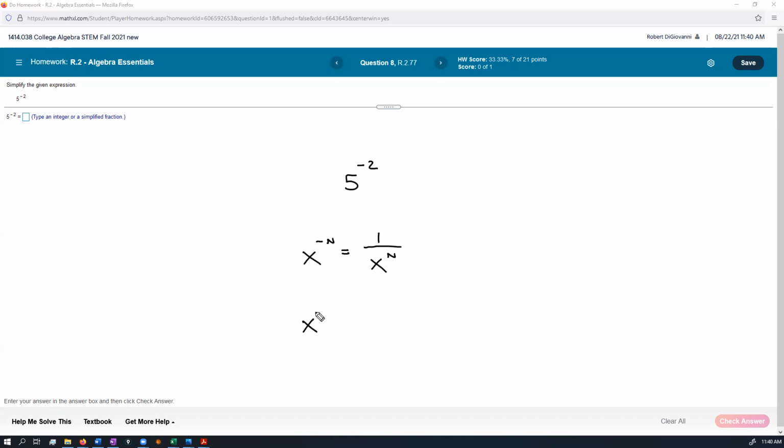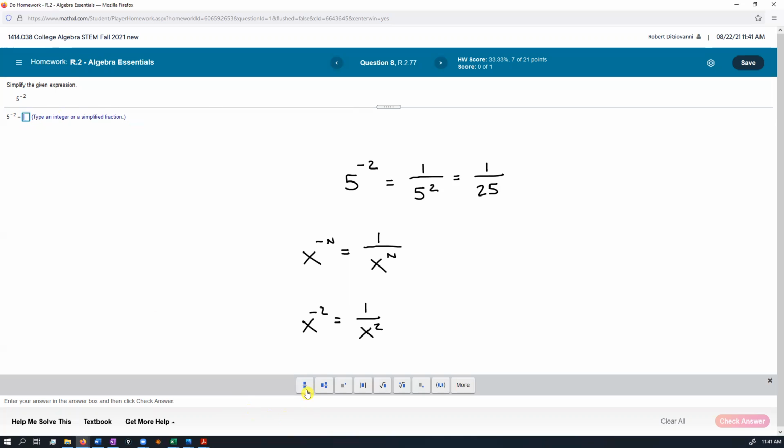So if you had x to the -2, this is really 1 over x squared. Well, here we have 5 to the -2, which means 1 over 5 to the second power. And that means just 1 over 25. And we're not going to do it as a decimal. We're just going to type it as a fraction. And you can do a fraction down here, 1 over 25.